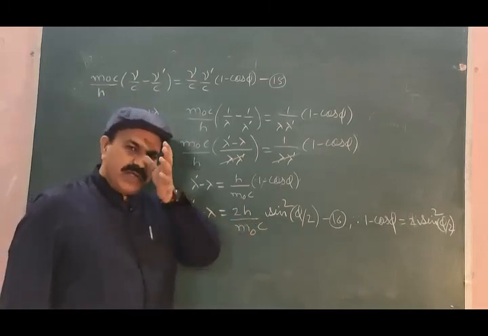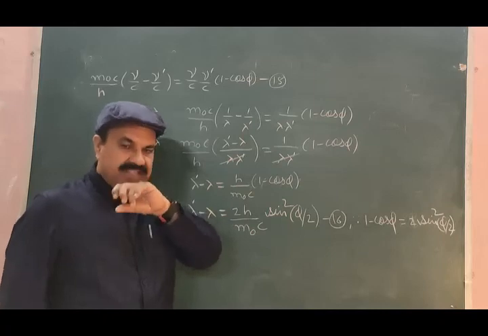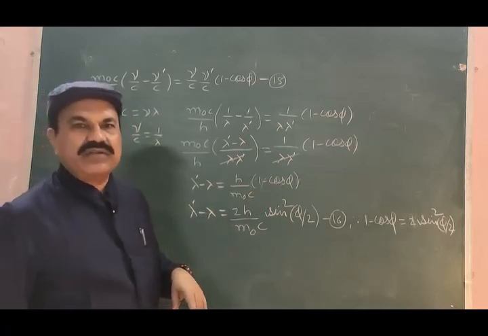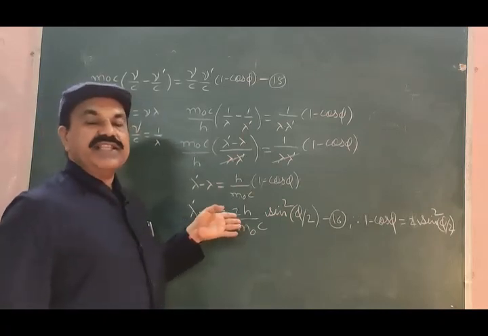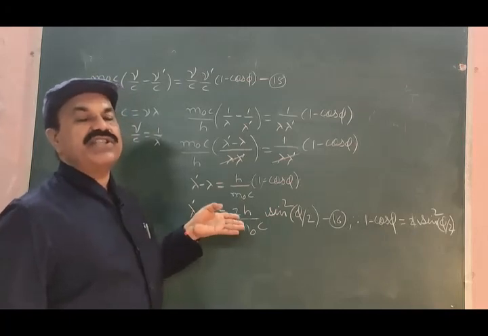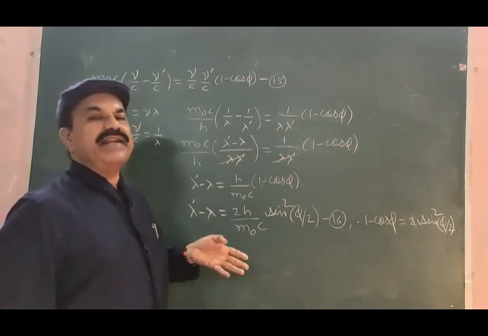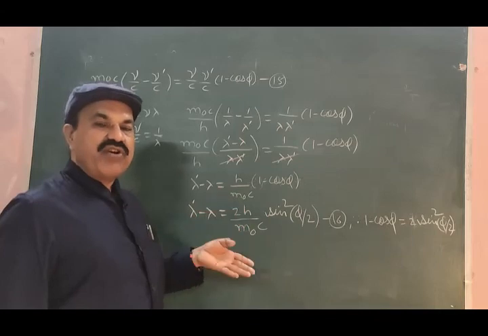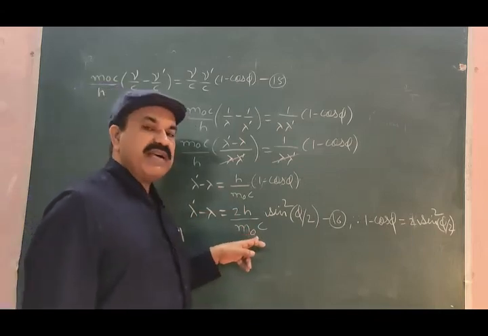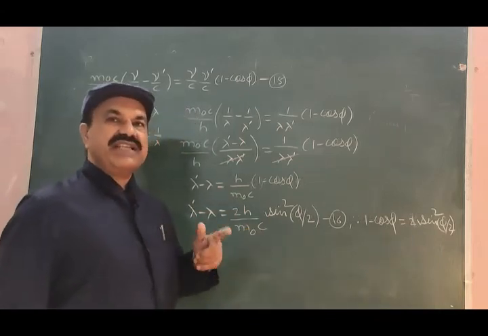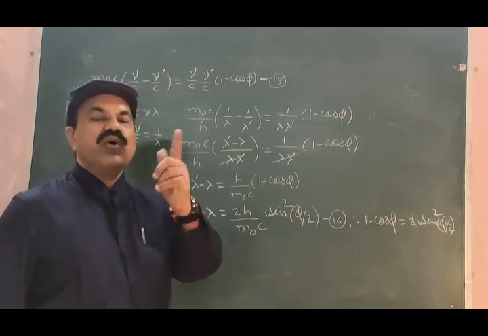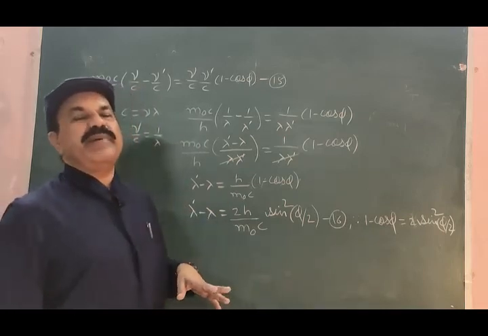What is m0? m0 is the rest mass of electron. So, this wavelength difference of the scattered photon and incident photon is found in terms of the mass m0, which is the rest mass of the colliding stationary particle.